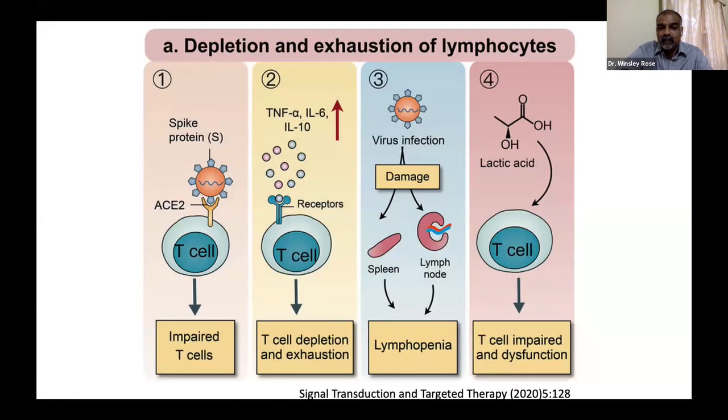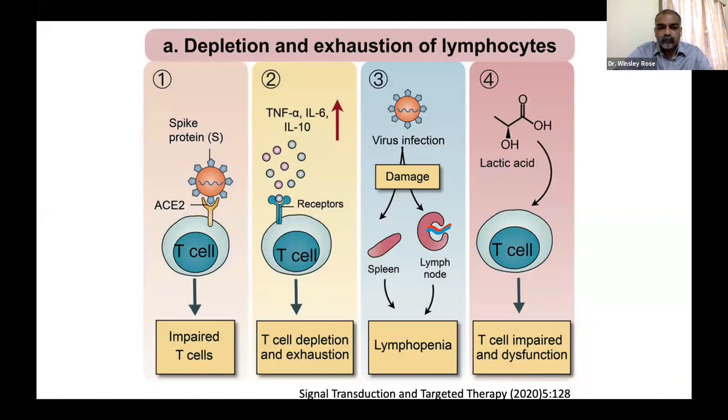Now, why does this happen? The spike protein, I mean, the ACE enzyme, which is actually the receptor for the SARS-CoV-2, is also present in T cells. And this itself can cause the coronavirus to directly infect the T cells. And this causes impairment of the T cells and then a decrease in the lymphocyte number.